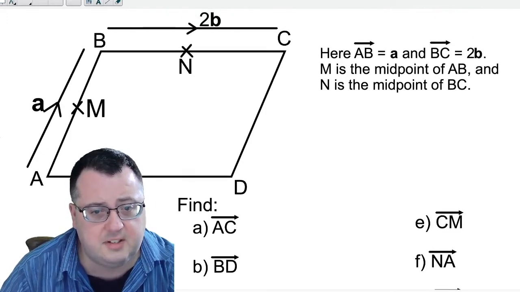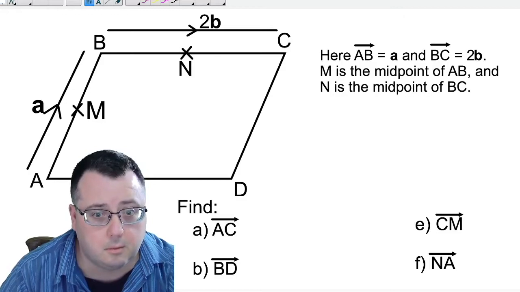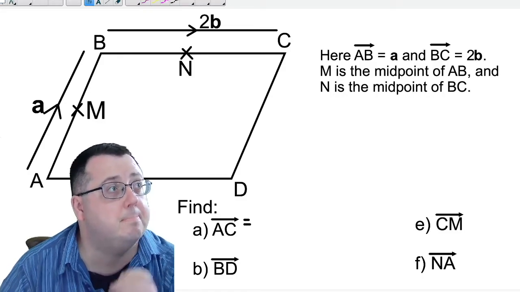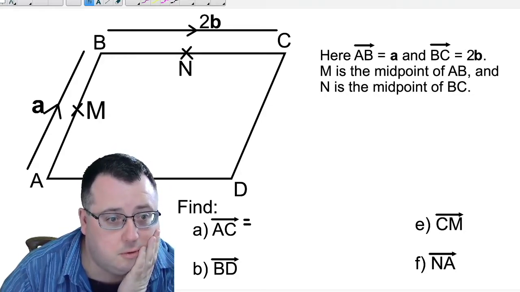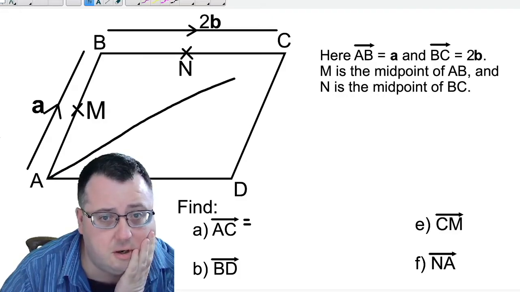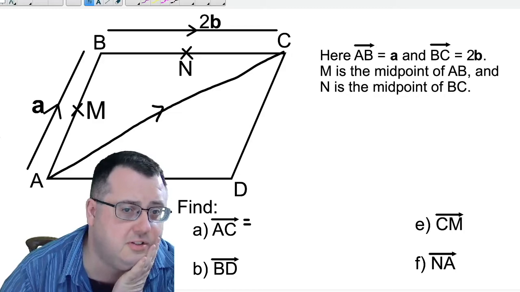So if I wanted to go from A to C, how would I do it? Well, the most direct route is to go across like that. But we can't go that route because there's no line there.